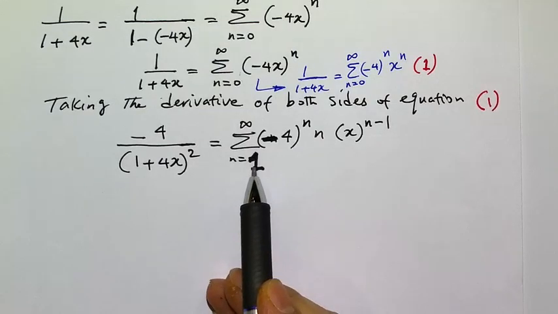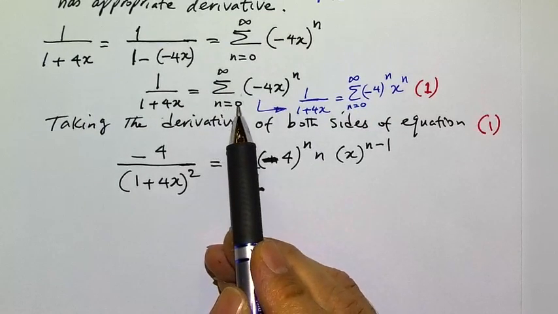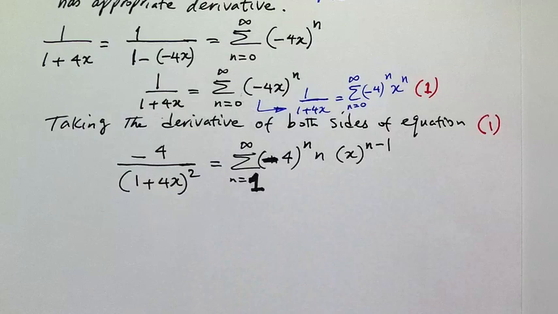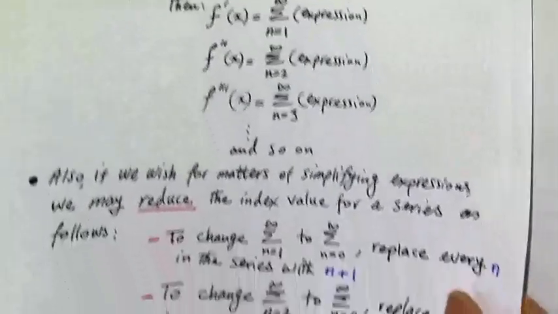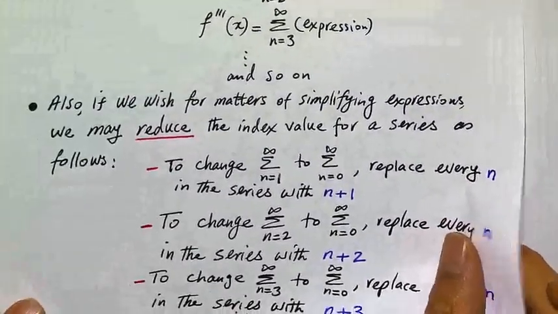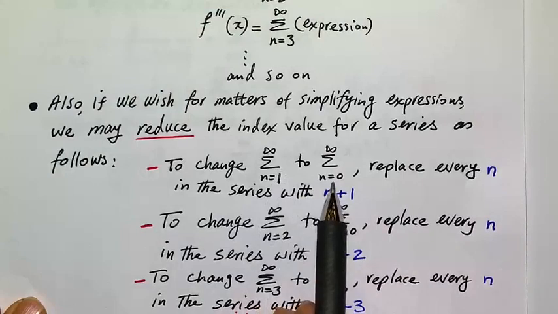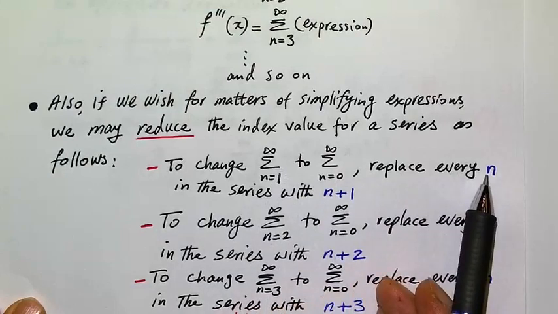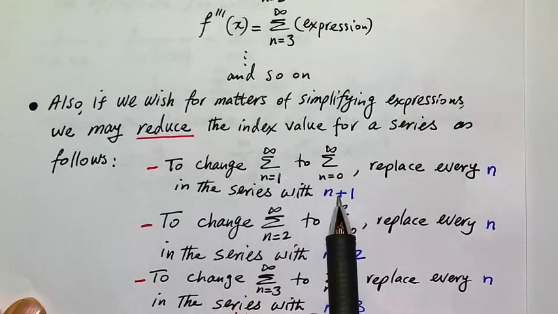Since we increased the index, we can go back to n equals 0, but the rule is, in the expression that we have, to change this to that, replace every n in the series with n plus 1.